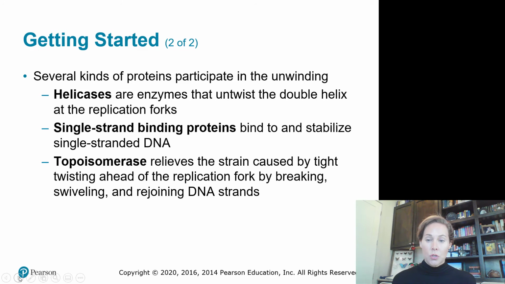Topoisomerase relieves the strain caused by tight twisting ahead of the replication fork by breaking, swiveling, and rejoining the DNA strands. So helicase untwists, single-strand binding proteins stabilize, and topoisomerase helps rejoin and put it all back together again.